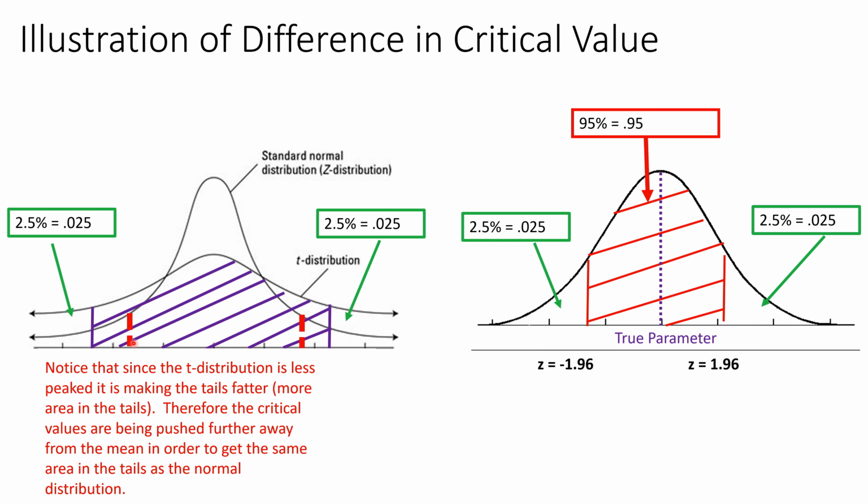The red vertical line represents the critical values of the z-distribution, and these other vertical lines represent the critical values of the t-distribution.